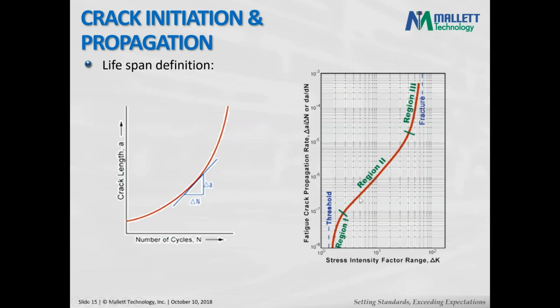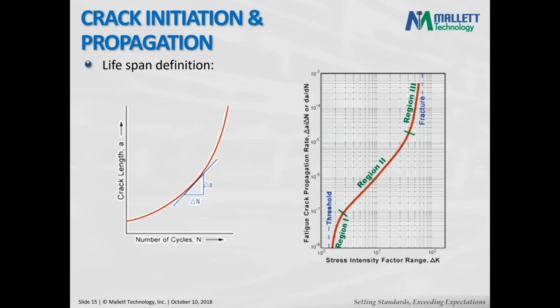And as you see here, the red curve on the right-hand side starts from a certain value. This value is what we call the threshold stress intensity factor range. What that means is, if our stress intensity factor range is less than the threshold value, there's not going to be any crack propagation. So if it is less than this threshold value, we're safe.